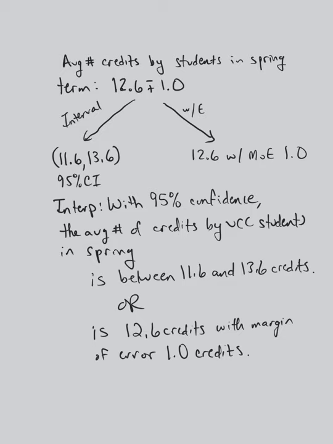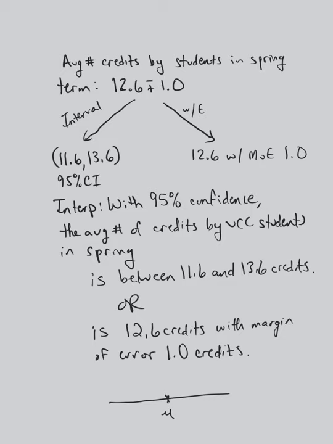The other thing too to mention, to be careful of, is we're not talking about the number of credits. Okay, if you look at data or think about yourselves, there's many students that don't take between these two values of credits. What are we talking about? We're talking about the average. Again, just to remind you, we're trying to get an idea about what this population average, mu, is.